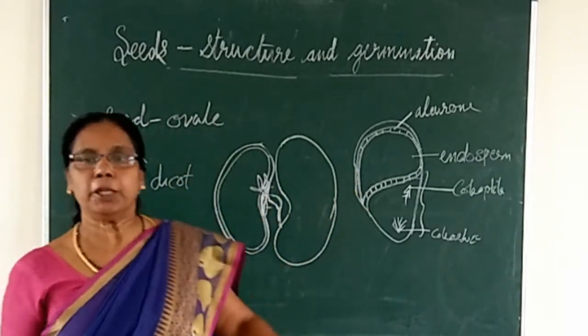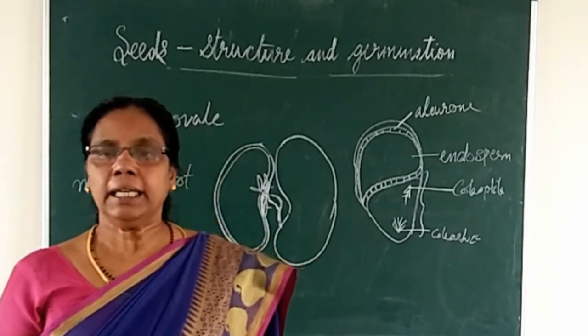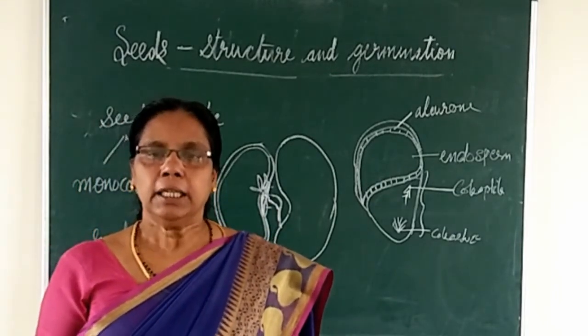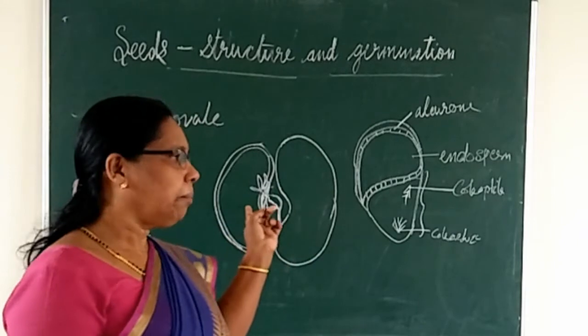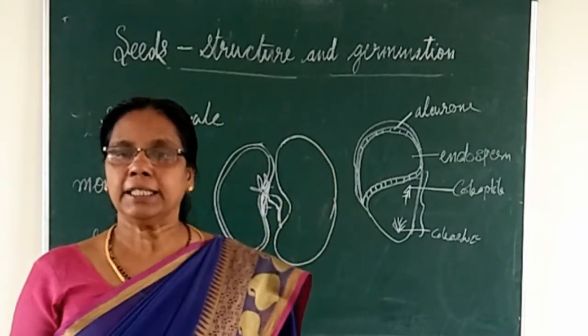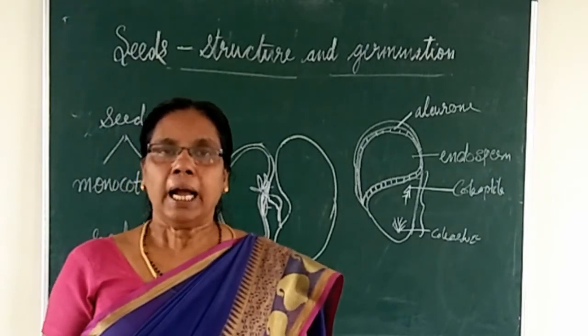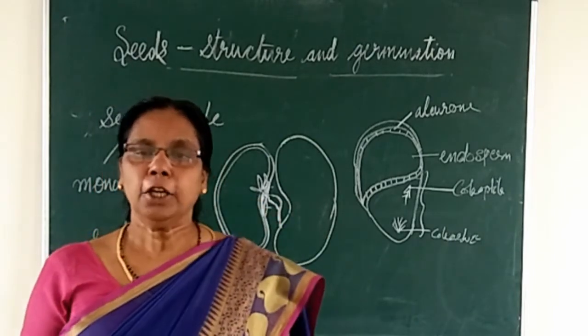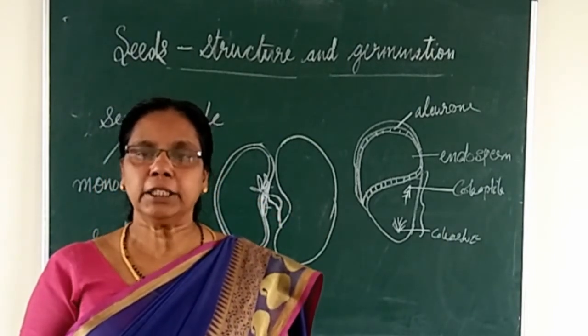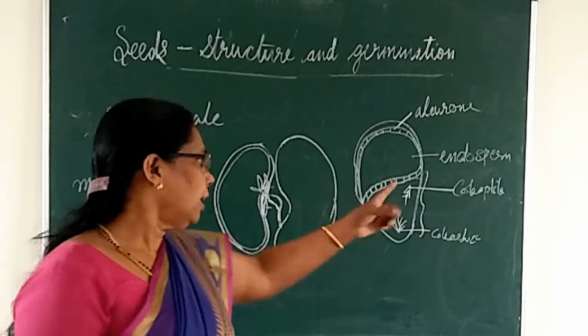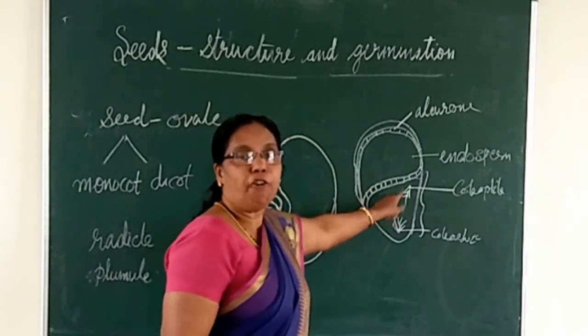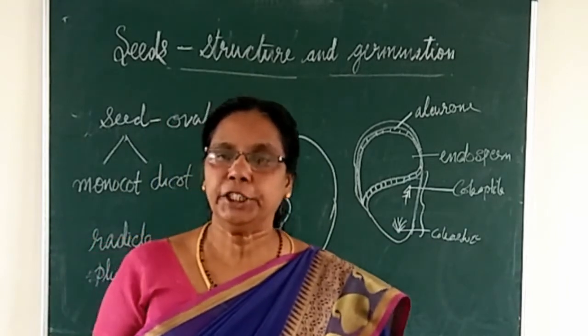Here no endosperm, whereas in maize grain large endosperm is present. Then here a large embryo is present, whereas in the maize you can see a small embryo is present.